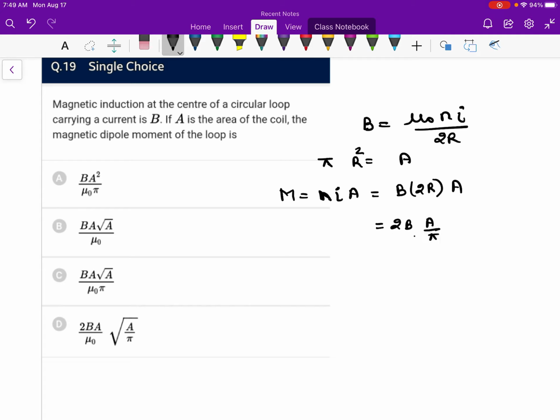So this is 2B under root A upon pi multiplied by A, and divided by mu naught as well.